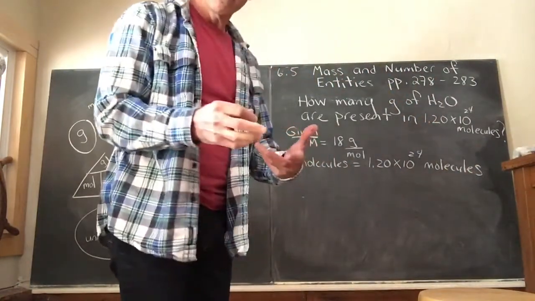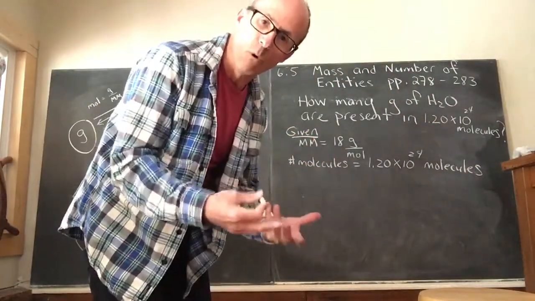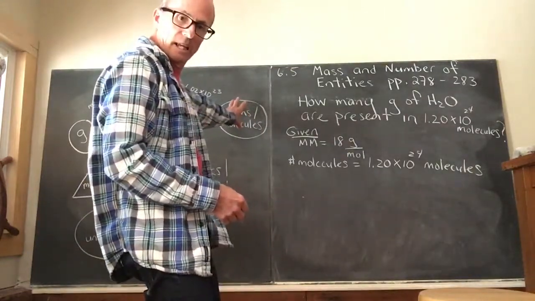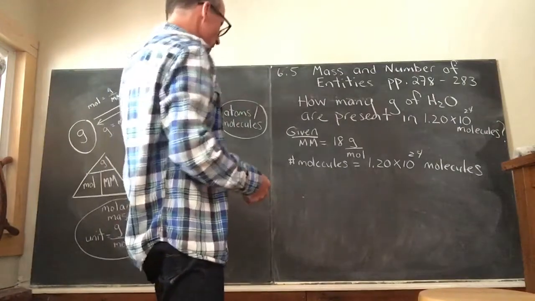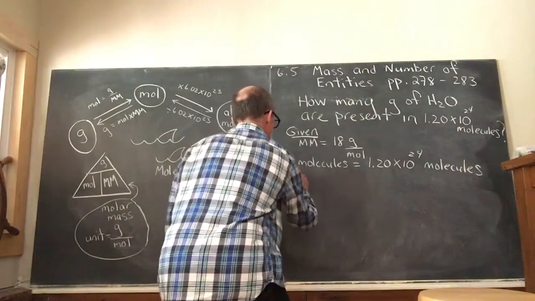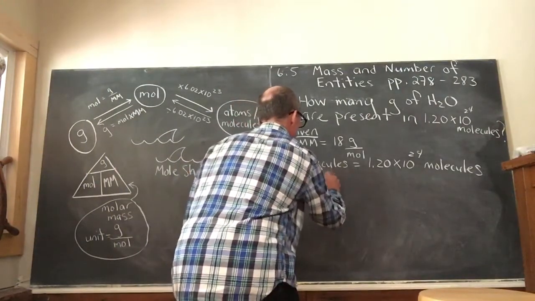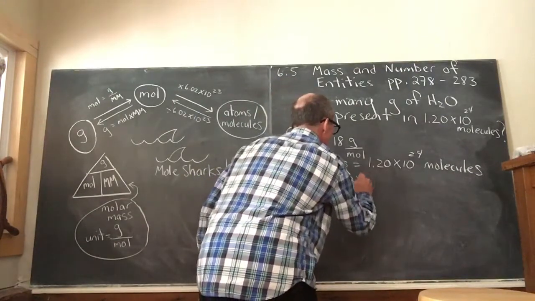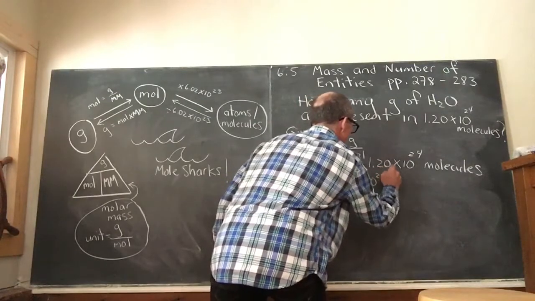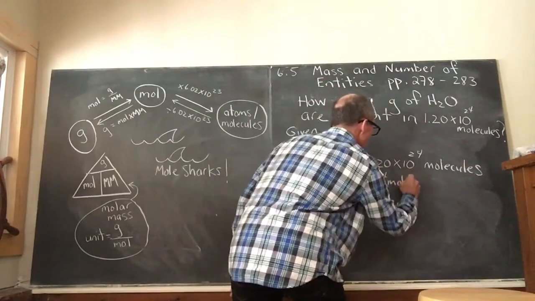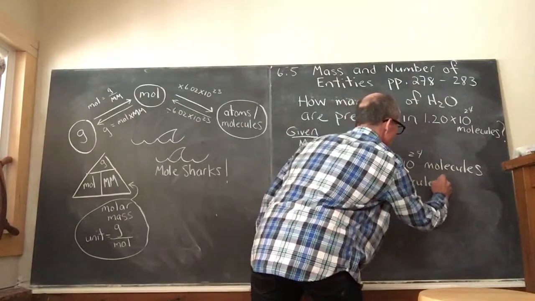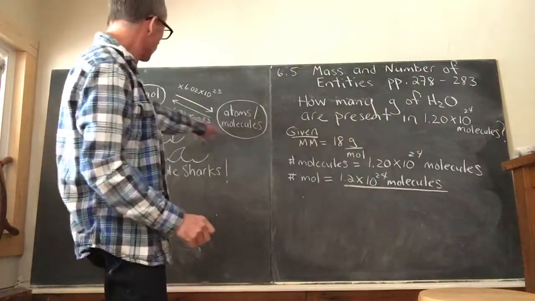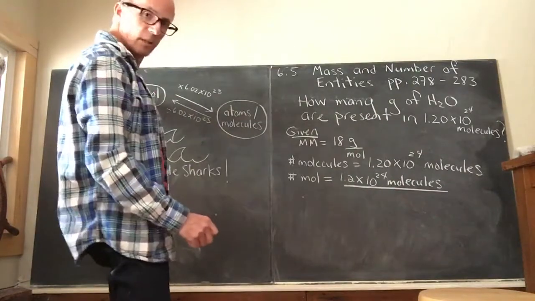So, first step, we're going to be able to find moles first. We're going to start here at particle land and move to mole land. So therefore, the number of moles in this case is equal to 1.2 times 10 to the 24th molecules. But notice that we're going to be dividing because we're going from particle land back to mole land.